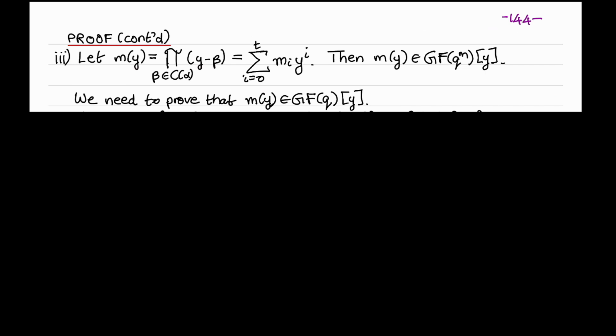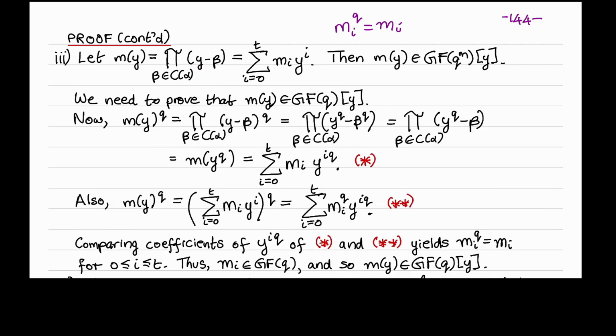So I need to argue that when you multiply out these linear factors, the coefficients of the resulting polynomial are in fact in GF(q), not just in GF(q) to the m. I'll do this by showing that the coefficients m_i of the polynomial m satisfy the equation m_i to the power q equals m_i. And so by a theorem we proved earlier, each m_i is in GF(q). Okay, let's do that.